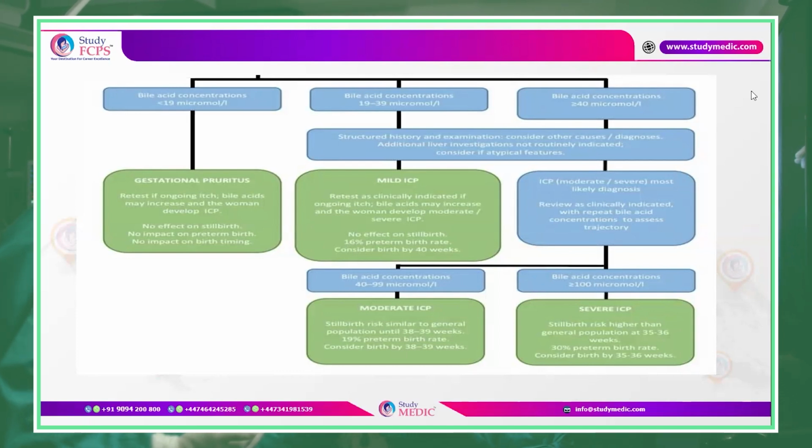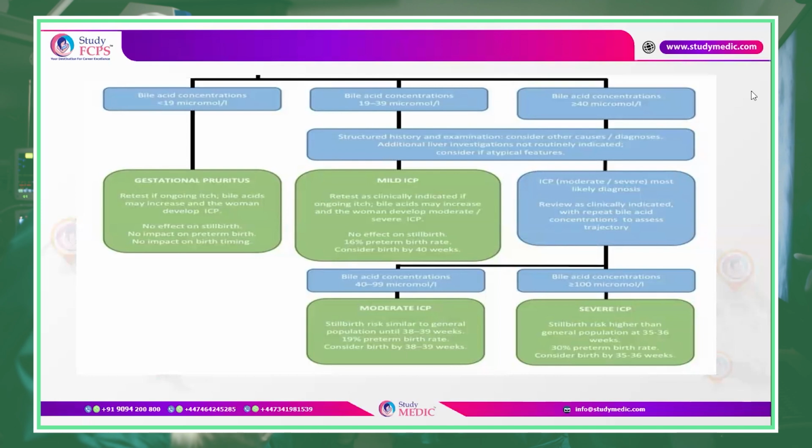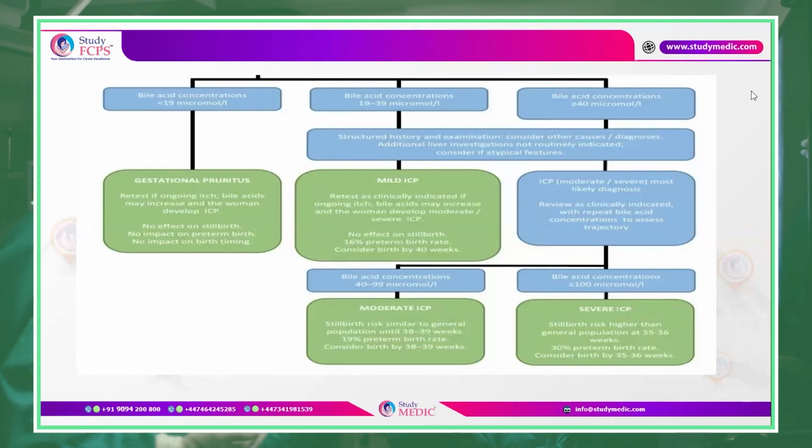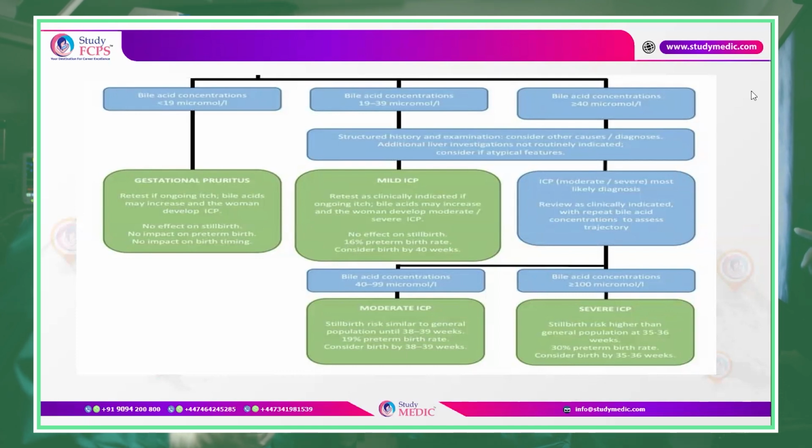In history, we will ask the patient since when she has had the itching, what the severity and timing of the itching are, whether anyone else in the family has itching, whether she has any skin disorder, and whether she has felt this problem during previous pregnancies if she is multigravida. Also, we have to ask whether she has recently changed her detergent, clothes, or soap, because obviously allergens could cause this itching also. So we have to take a structured history.